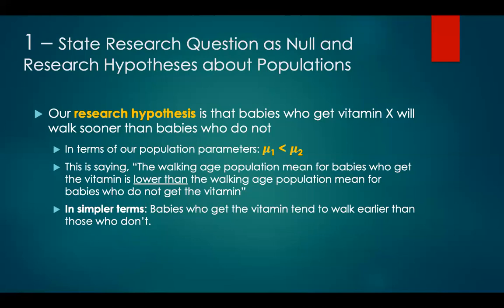It should be less because we're looking for an earlier walking age for the distribution in which babies received vitamins. So this is saying the walking age population mean for babies who get the vitamin is lower than the walking age mean for babies who do not get the vitamin. In simpler terms, babies who get the vitamin tend to walk earlier than those who don't. That's our research hypothesis.